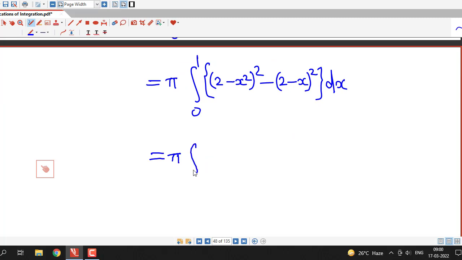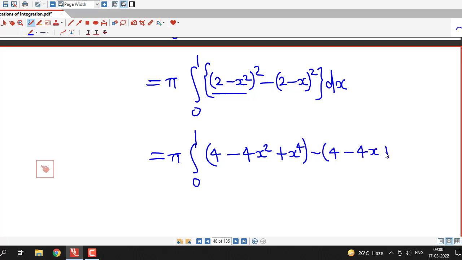So this is equal to pi times integral from 0 to 1. First we expand this using the formula of (a minus b) square, that is 4 minus 2 into 2 into x square plus square of x square, that is x raised to 4, minus 4 minus 2 into 2 into x plus x square, and integral with respect to x.